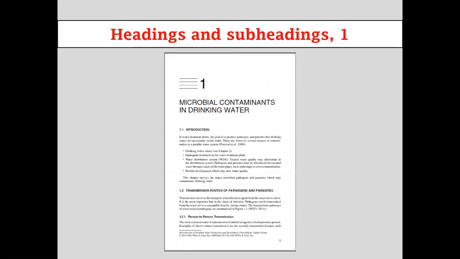So for instance, here you see the main chapter title is in all capitals. It is at the top of a page. Then the second level headings are also in full capitals, whereas the third level heading is in title case. So you can see 1, 1.1, 1.2.1.